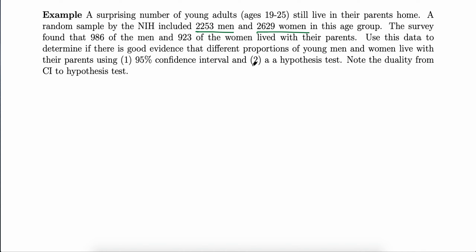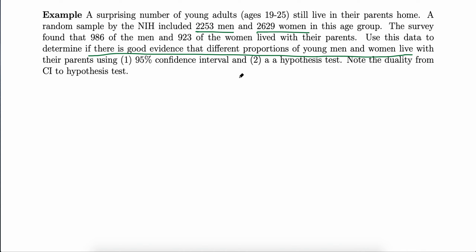And out of these young men and young women, the age 19 to 25, our research question, we want to see if there's good evidence that different proportions of young men and women are still living with their parents in that 19 to 25 age range.